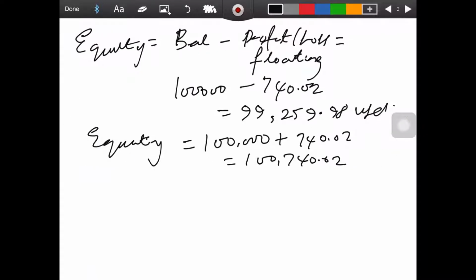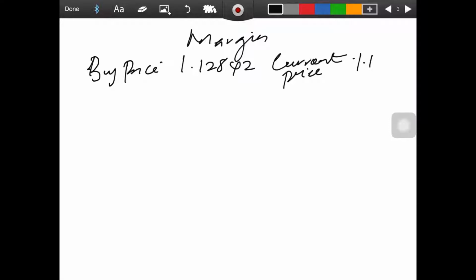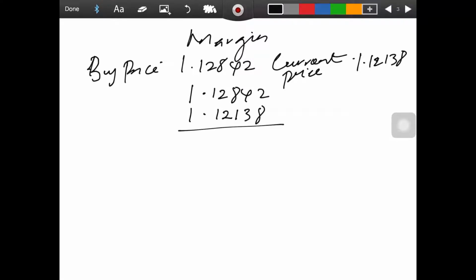I'm using the current price, so you see how the calculation is done. I'll subtract 1.12138 from 1.12842. Do your basic subtraction.